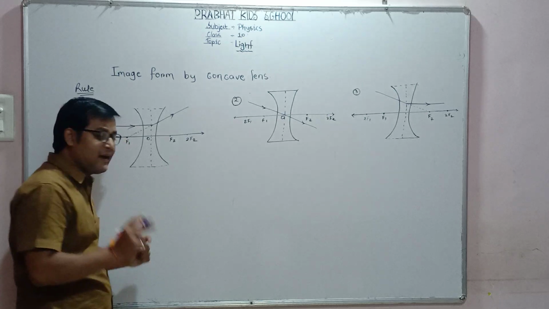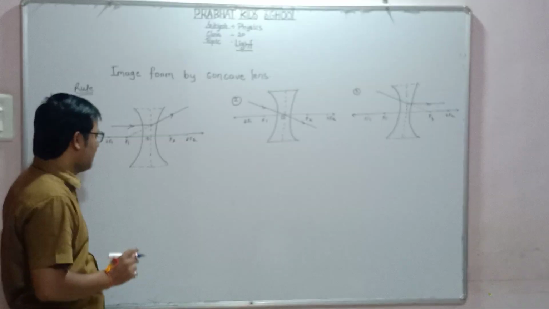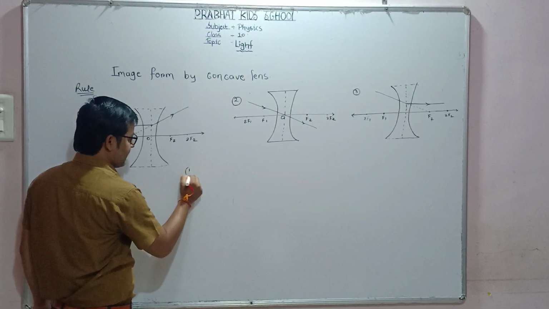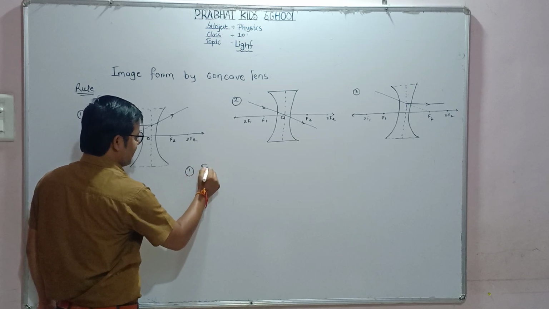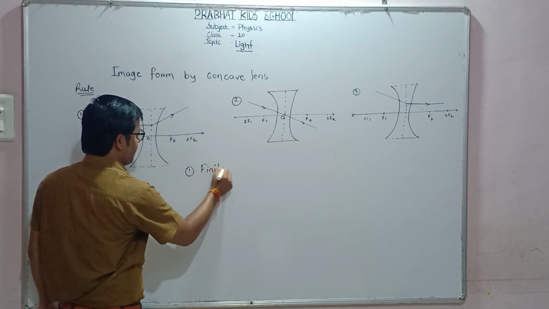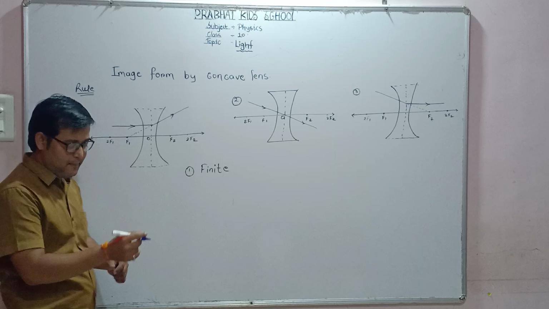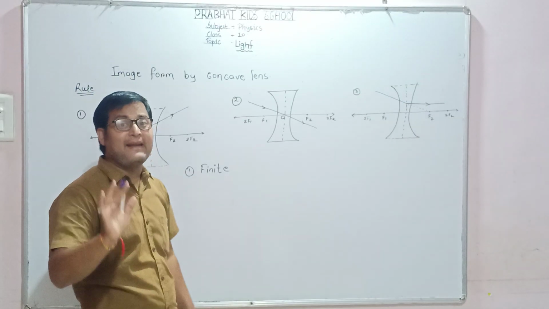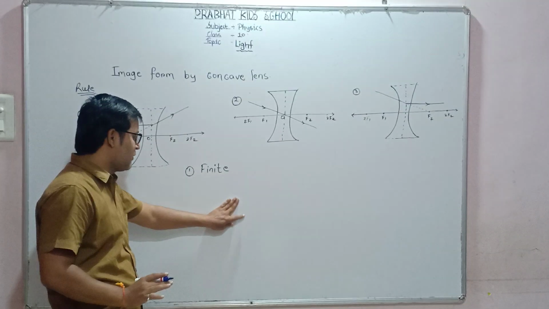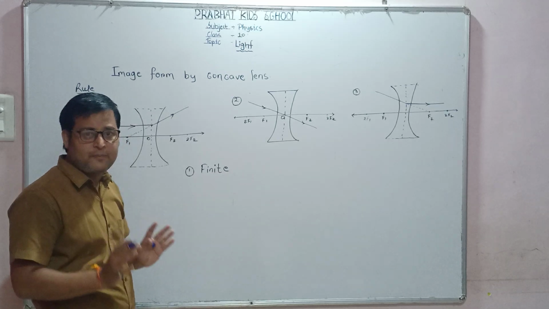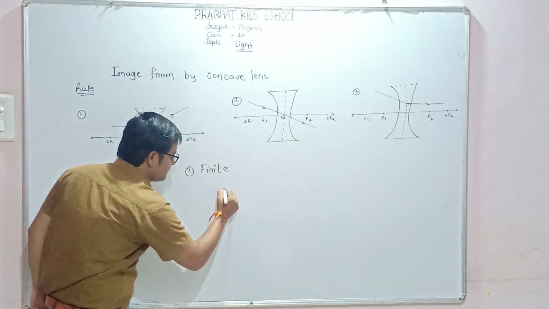So dear student, there are two positions for the object in this lens. One position is finite. What happens if an object is placed at a finite distance? I am again drawing the lens here and putting the object at a finite distance.